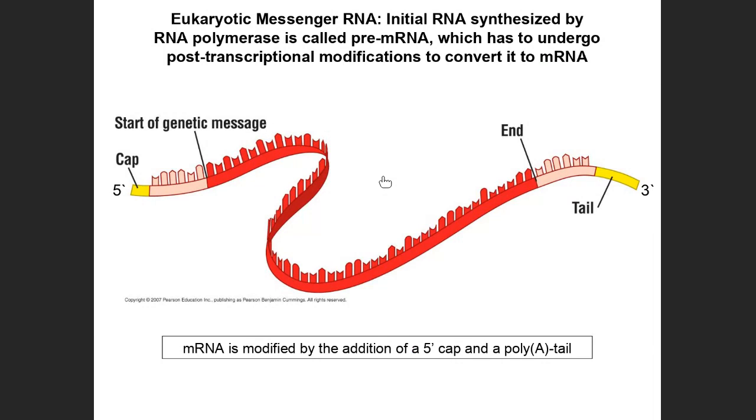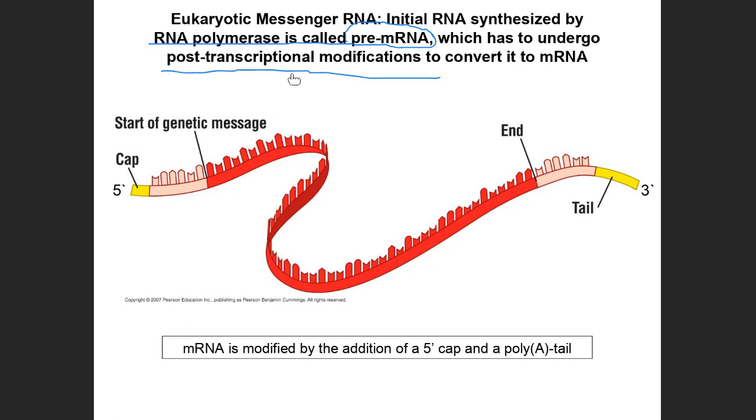But in eukaryotic cells, not only does the nucleus prevent transcription and translation from overlapping, but also RNA polymerase initially synthesizes what is called pre-mRNA. This mRNA is not ready to be translated. This only occurs in eukaryotes. This pre-mRNA has to undergo what we call post-transcriptional modifications.